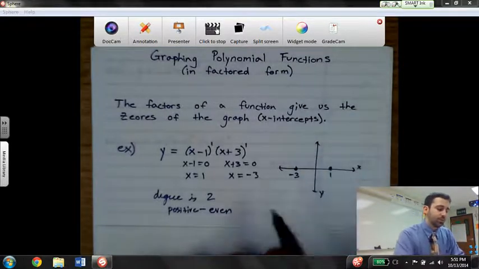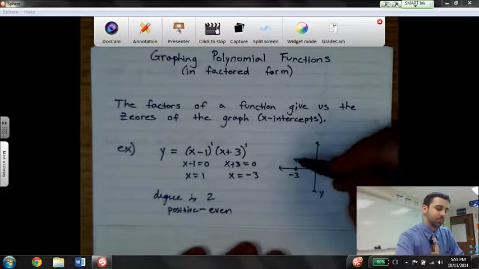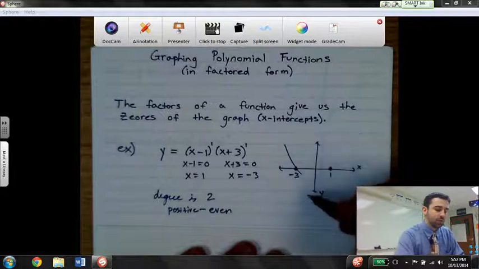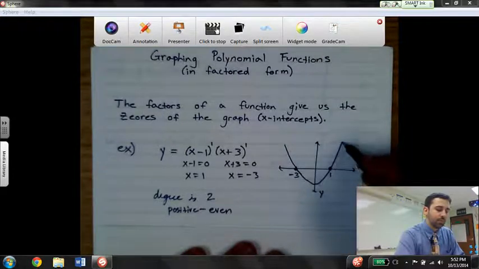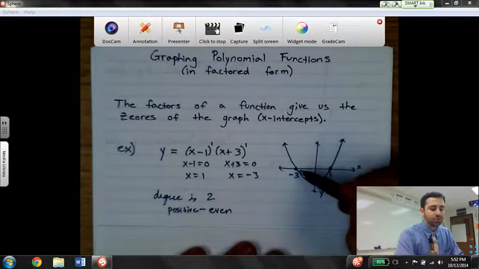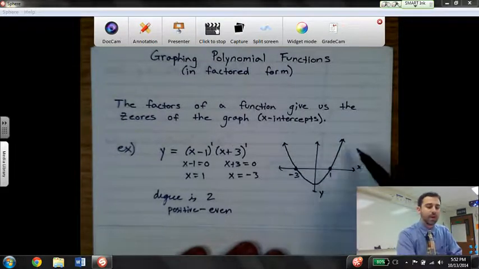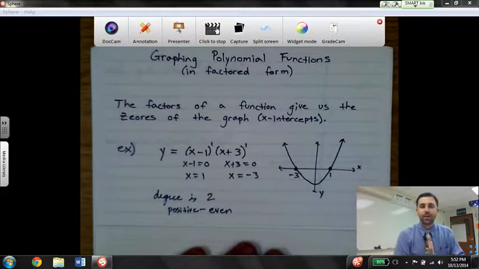So since each of these factors have the exponent 1, I'm going to cross through them. So I cross through the -3 and come back through the 1, like our typical quadratic or parabola with the roots -3 and 1.